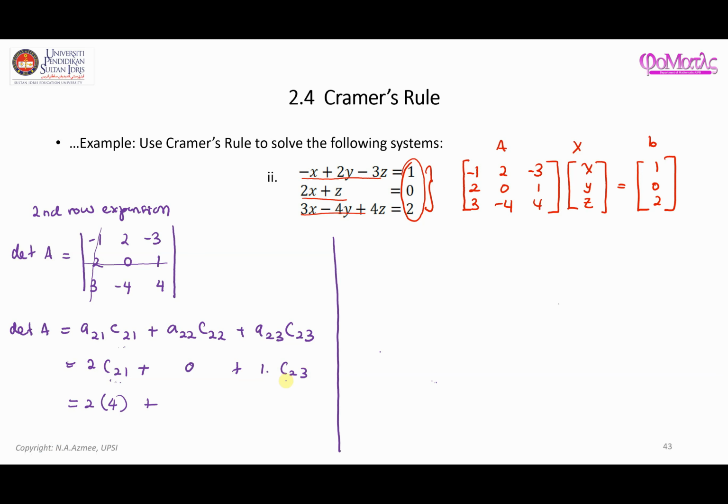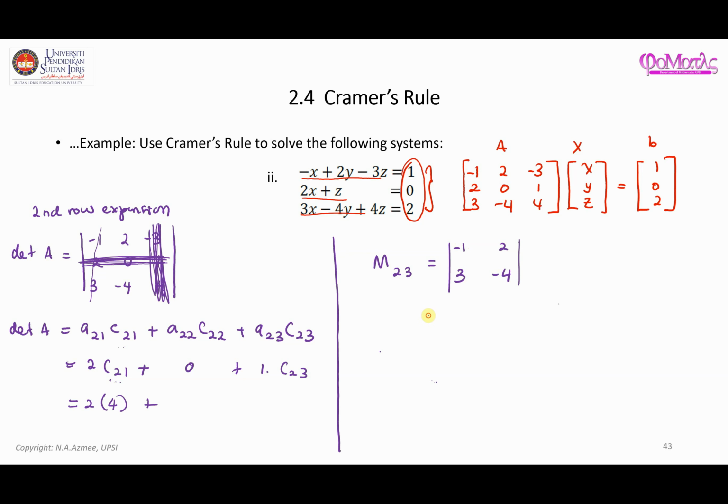Before you can find cofactor C23, you need to find the minor associated to it, which is M23, and this can be obtained by considering the values of the remaining of matrix A when you delete the second row and the third column. So the values remaining are -1, 2, 3, -4.